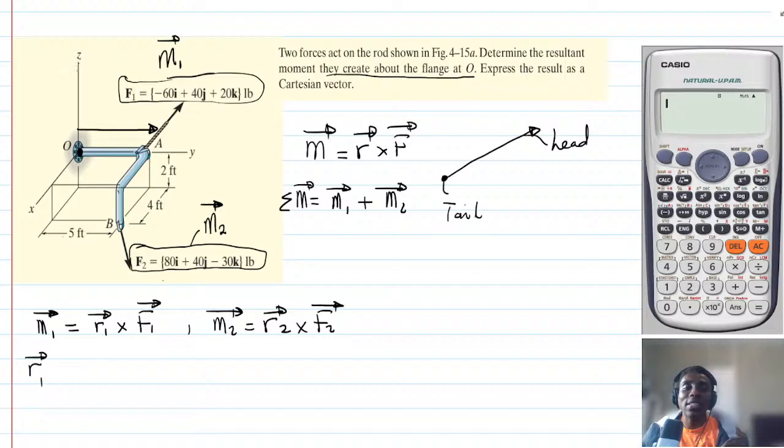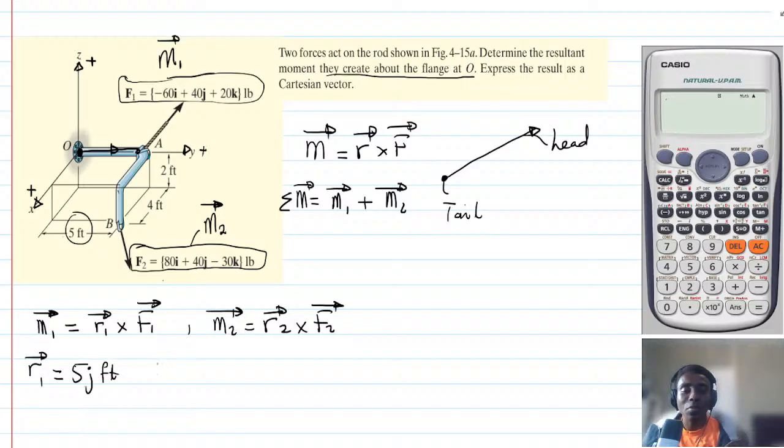Let me assign some conventions: this is positive, this is positive, that is positive. Walking from the origin to the tail of that force, we describe a direction along the y-axis. That is 5j, in feet.